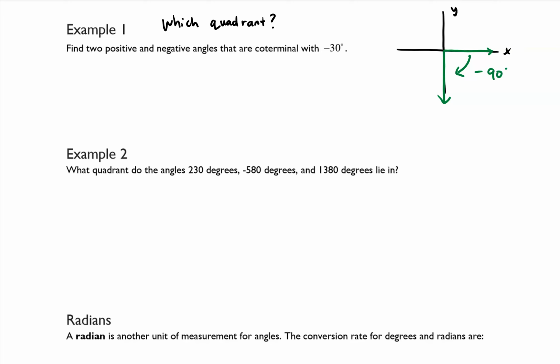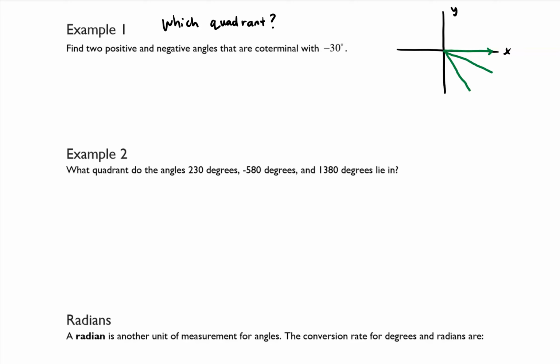However, I'm traveling negative 30 degrees, and how are 30 and 90 related? Well, 30 is 1/3 of 90, so I want to break this up into thirds and then travel 1/3 of the way.